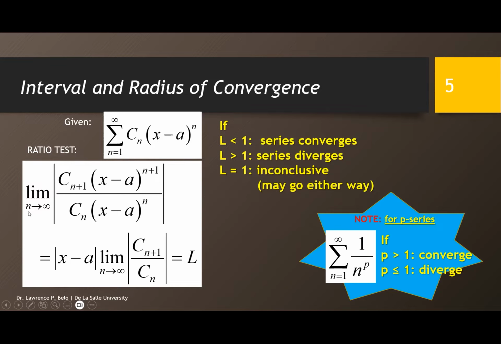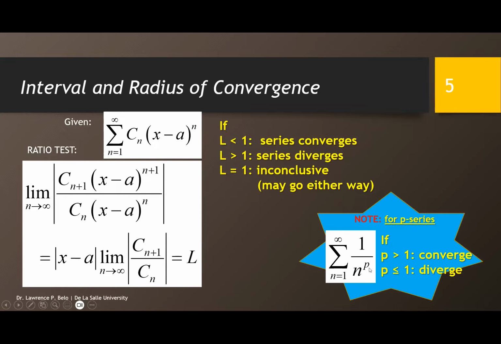And since we're looking for the limit as n approaches infinity, the x minus a raised to n plus 1 over n, the n cancels. It's just raised to 1. It's not affected by the limit anymore. You can choose to bring it out of the limit. However, this part, Cn plus 1 over Cn, that is affected by your letter n. This can be evaluated within the limit expression. The x minus a is outside already.